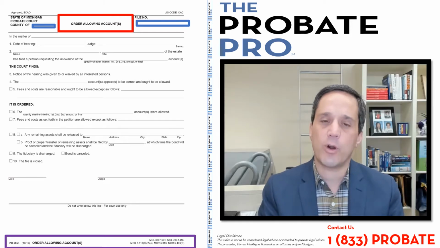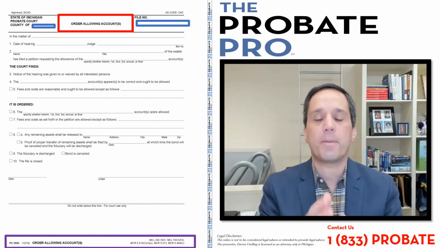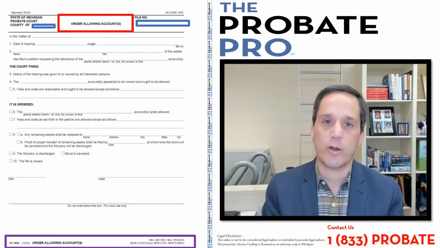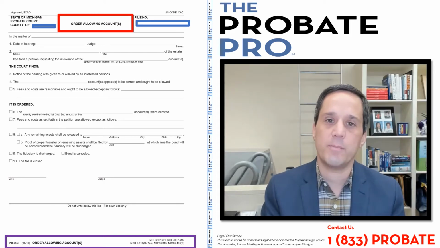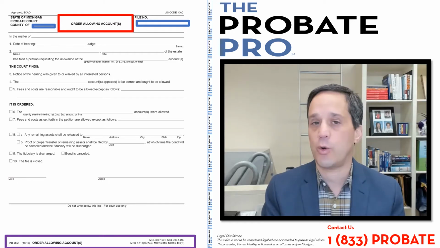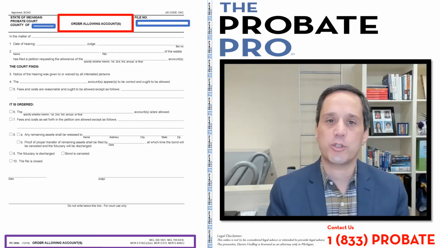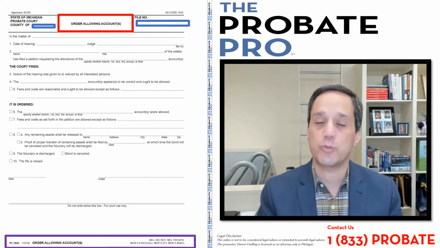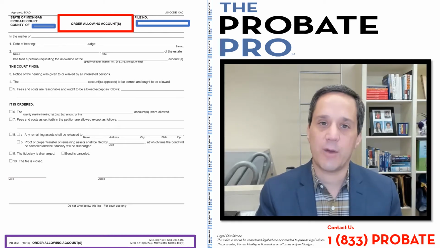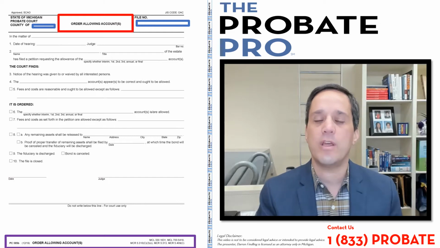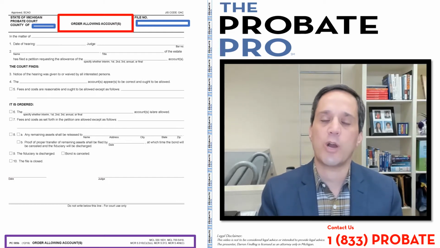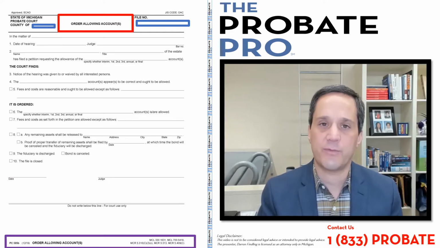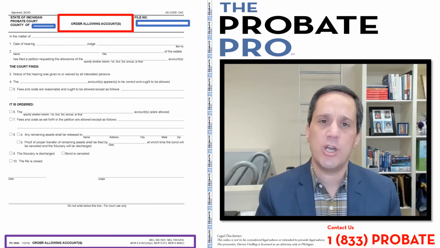So this form and the statutes in the bottom right corner apply to the various accounting requirements set forth under Michigan's probate statutes and court rules. A very versatile form that's used to identify the court's ruling after an account has been requested to be allowed through a petition.